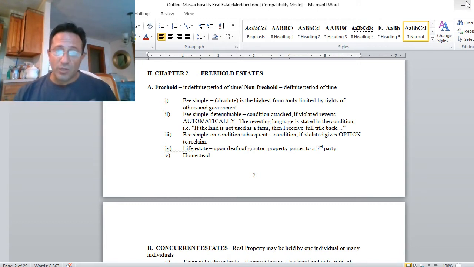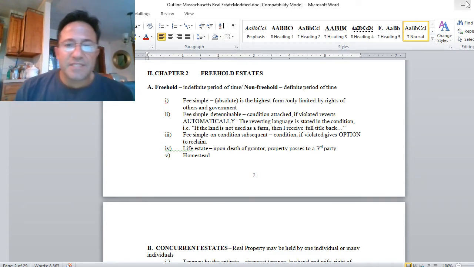We learned from chapter 1, when you buy a piece of real estate, you do gain a bunch of rights called a bundle of rights. But you can also have a right to use real estate without owning title. And as we'll see in later segments, like a landlord-tenant situation, that's what's going to happen.